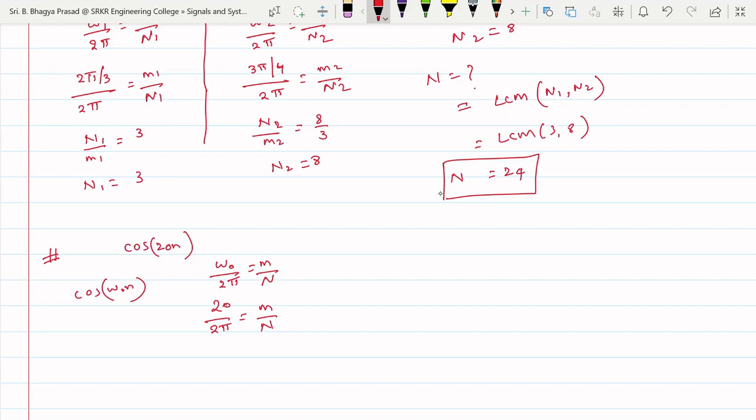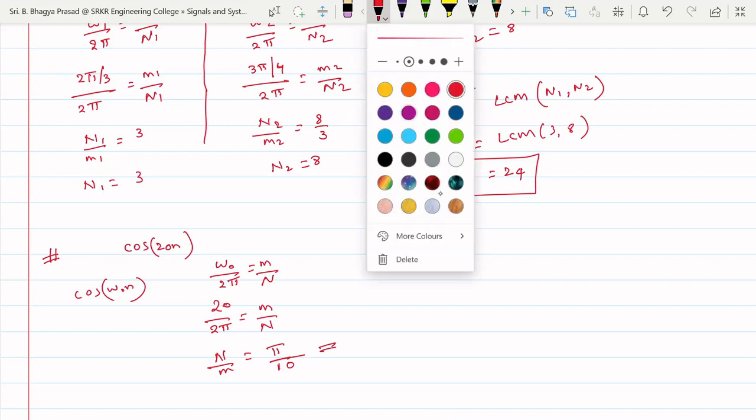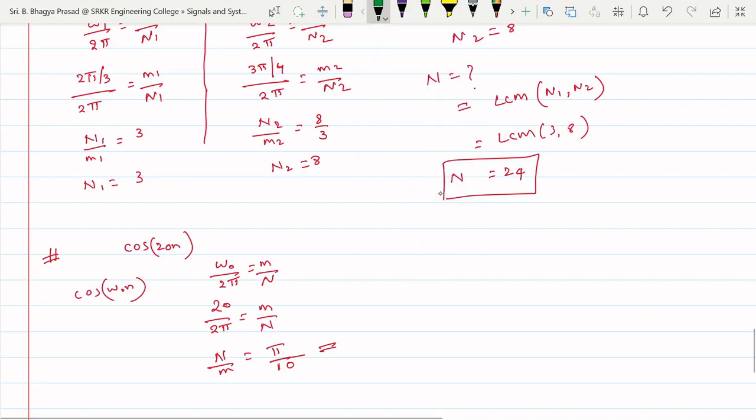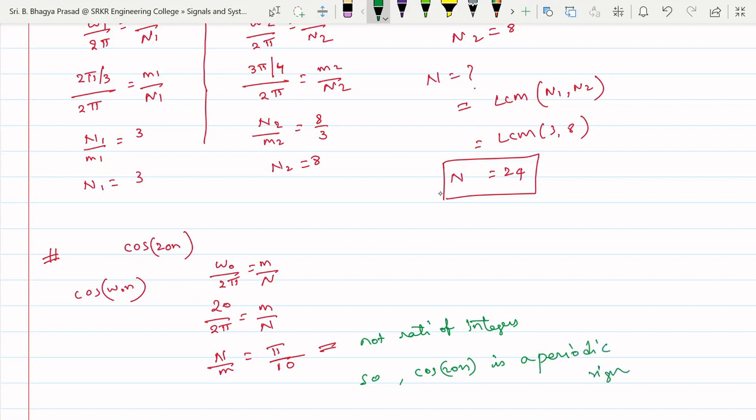So what I am getting here is n by m is pi by 10. This is not a ratio of integers. So cos 20n is an aperiodic signal.